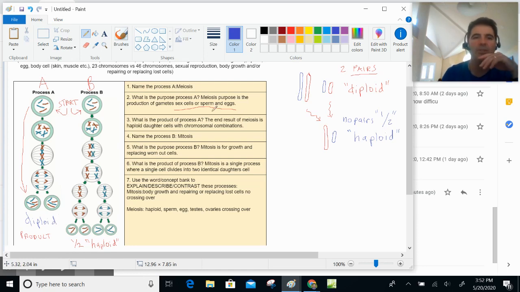Okay, so you said process A was meiosis, and that makes sex cells or sperm and eggs. Now, aren't sperm and eggs sex cells? Aren't sex cells half? Aren't they haploid? Because they're half, right?